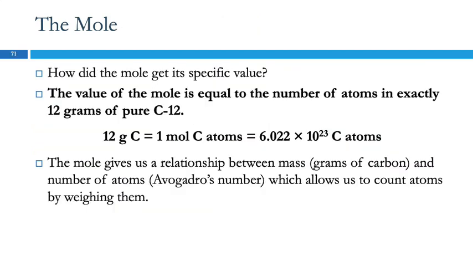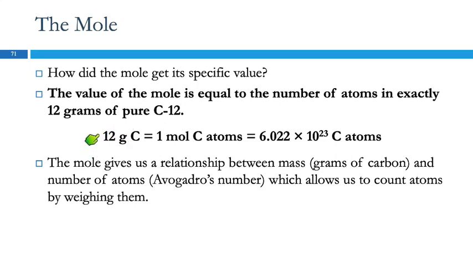Well, where did that number come from, Avogadro's number? It came from the definition of the atomic mass unit, in a way. The value of the mole is equal to the number of atoms in exactly 12 grams of pure carbon-12. Remember we said the atomic mass unit was 1/12 the mass of a carbon-12 atom.